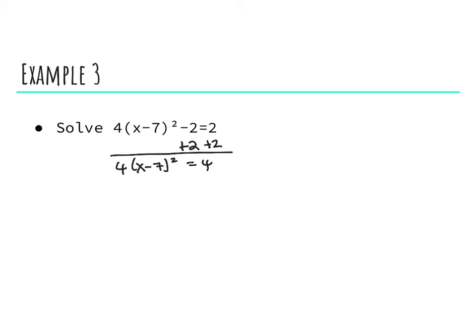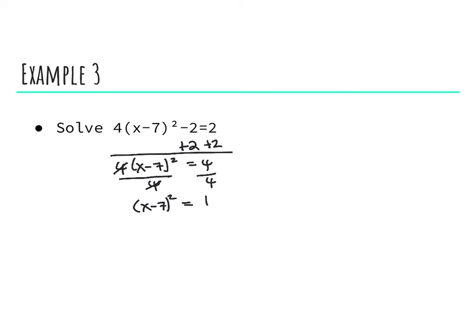Now I want my equation to be in the form x squared equals a, so I need to get rid of that 4 that is being multiplied by (x minus 7) squared. The inverse of multiplication is division, so I'm going to divide both sides of the equation by 4. The 4s cancel, and I'm left with (x minus 7) squared equals 1.